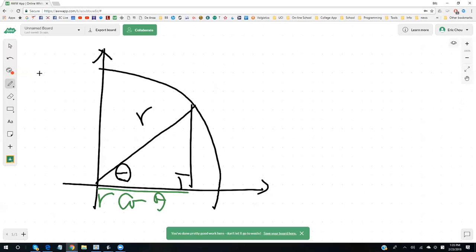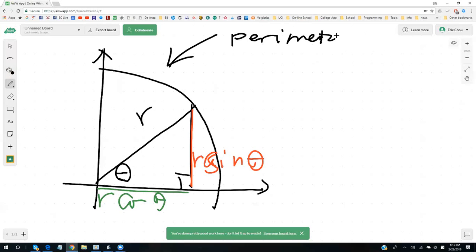Here we have red, so this one is r sine theta, right? And then we know that the total perimeter is 2 pi r.